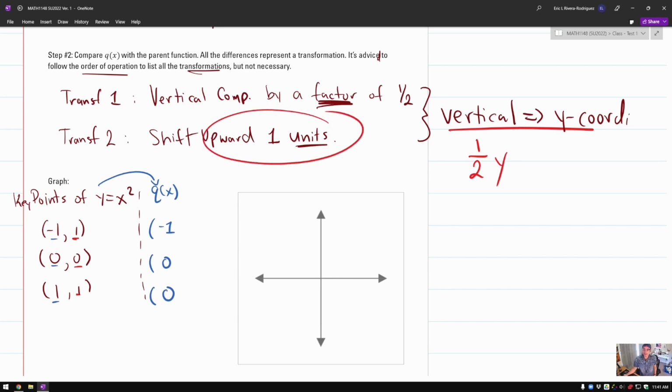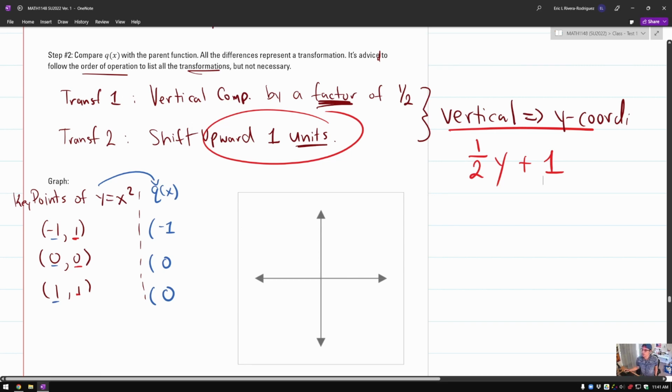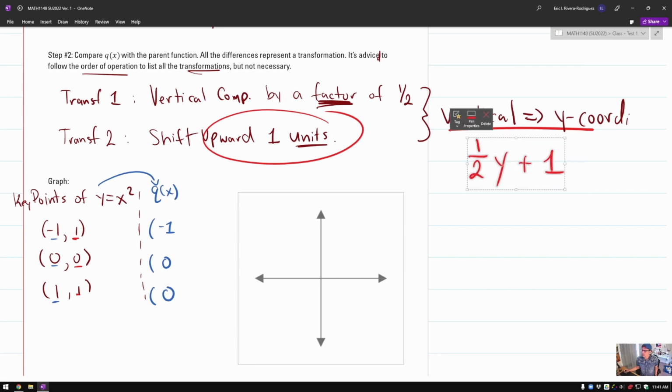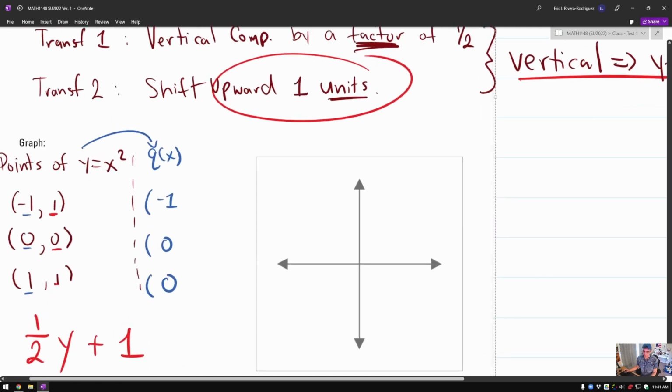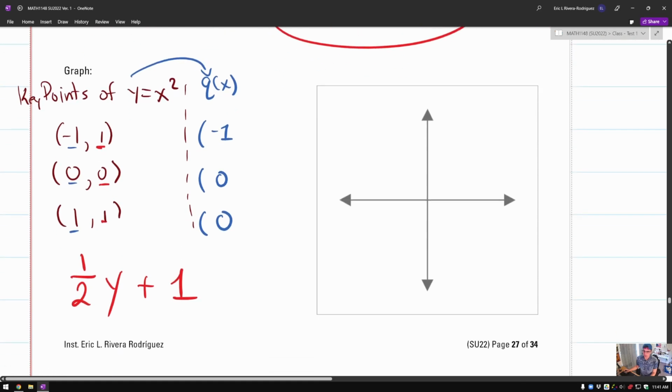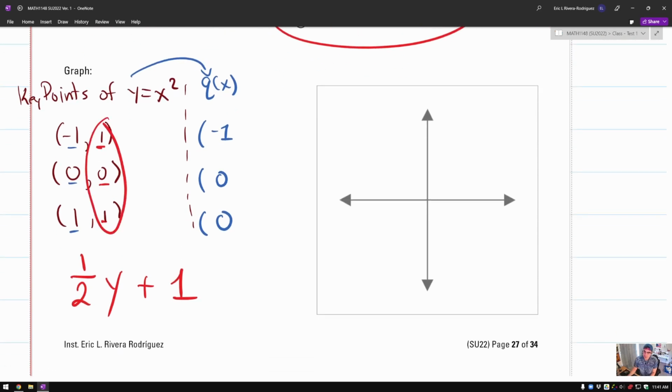Upward 1 unit means that we are going to add 1 to all the y coordinates, and we follow the order of operations: 1/2 times y plus 1. So we are going to use this equation to take these y values and get the new y values for q of x.